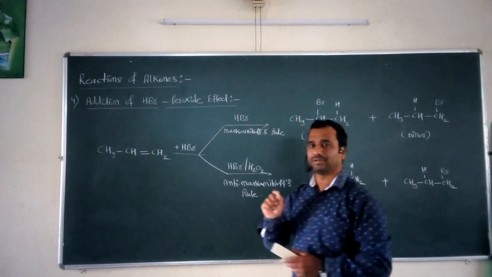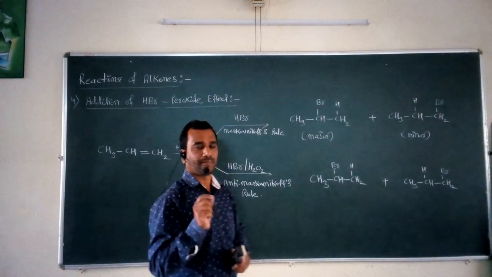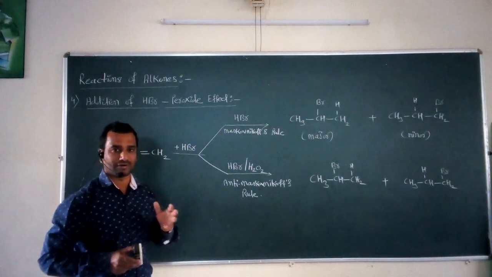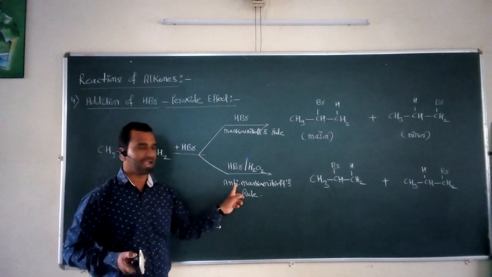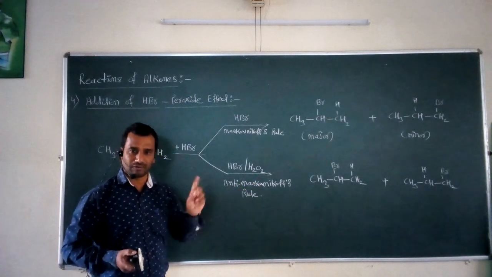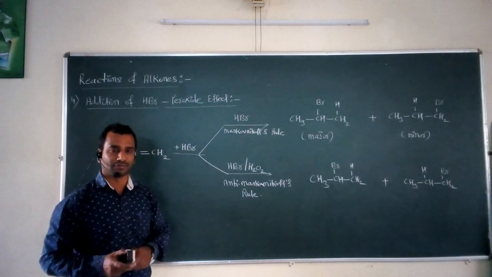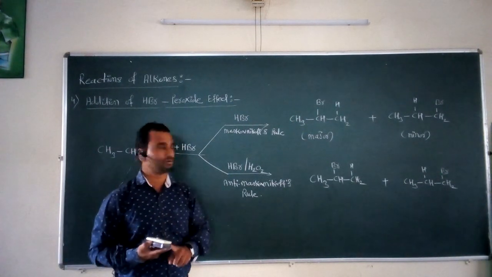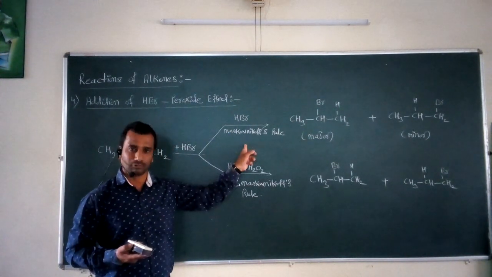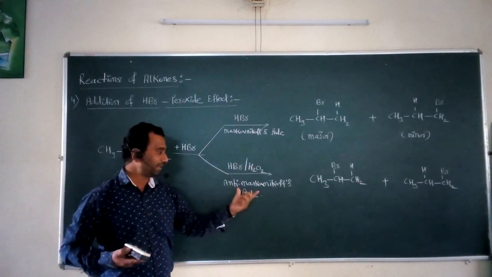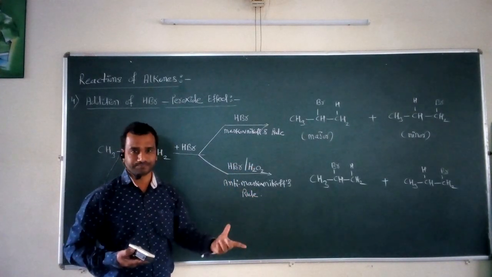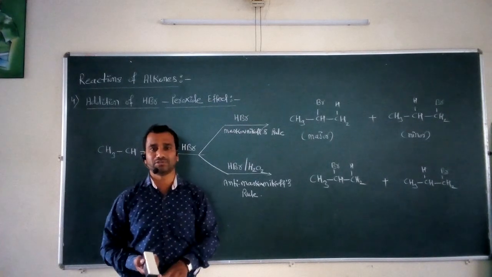So, this type of product formation takes place according to one important rule, and that rule is called the anti-Markovnikov's rule. Now, what happens in the anti-Markovnikov's rule? It is exactly the opposite rule to that of Markovnikov's rule. Now, what is the statement for this anti-Markovnikov's rule? Again, it is exactly opposite to the first rule.